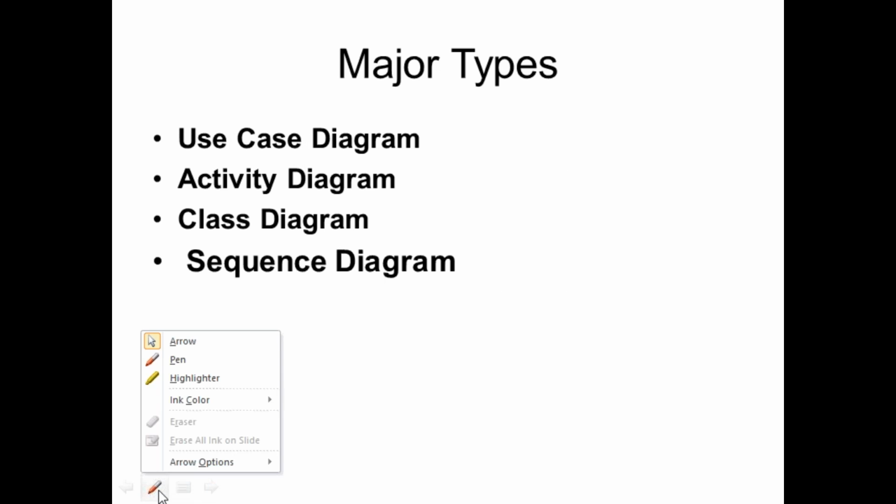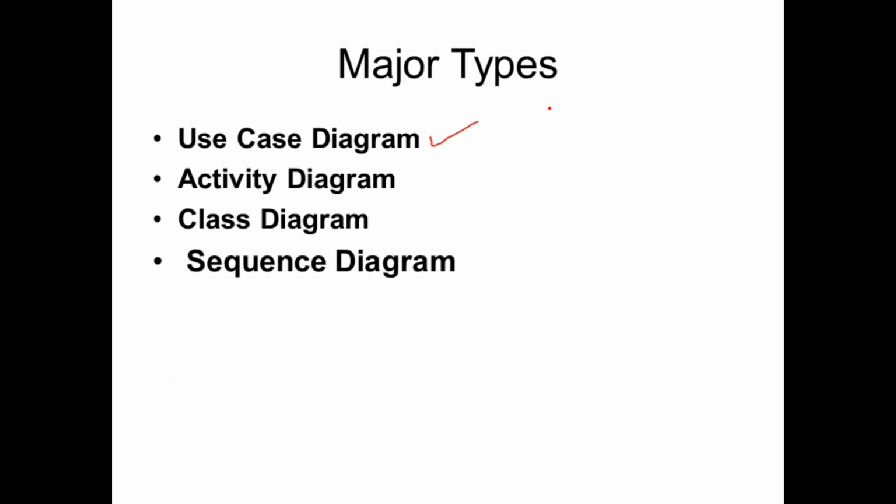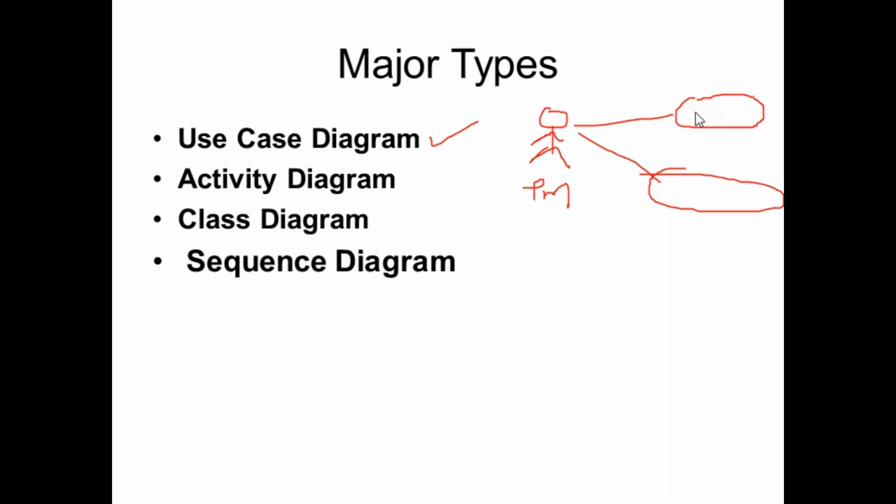The first day when we talked about UML, we talked about the use case diagram, where we have the actors, and actors would be interacting with the system for different purposes. For example, in your project manager case, they would be using the system for creating the proposal or selecting or rejecting a candidate and so on.